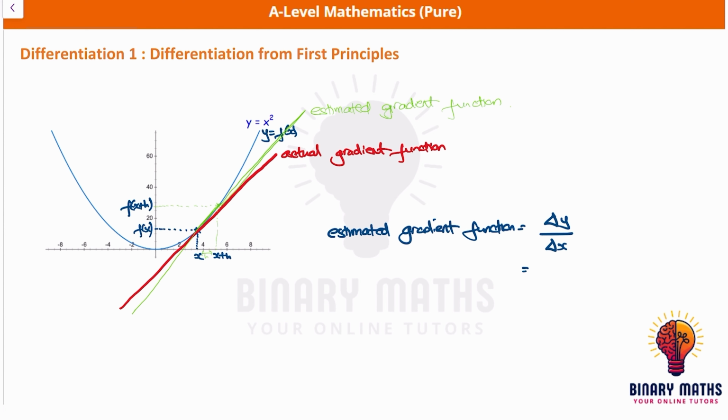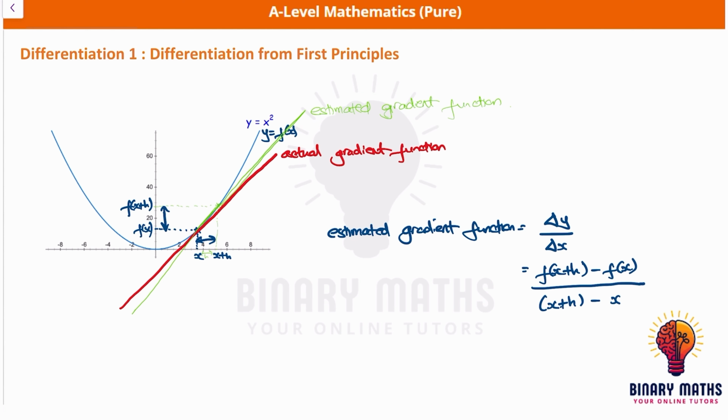Now, the change in y is this, which is obviously f of x plus h take away f of x, so the difference between those two terms. And the change in x is obviously this part, which is x plus h take away x.